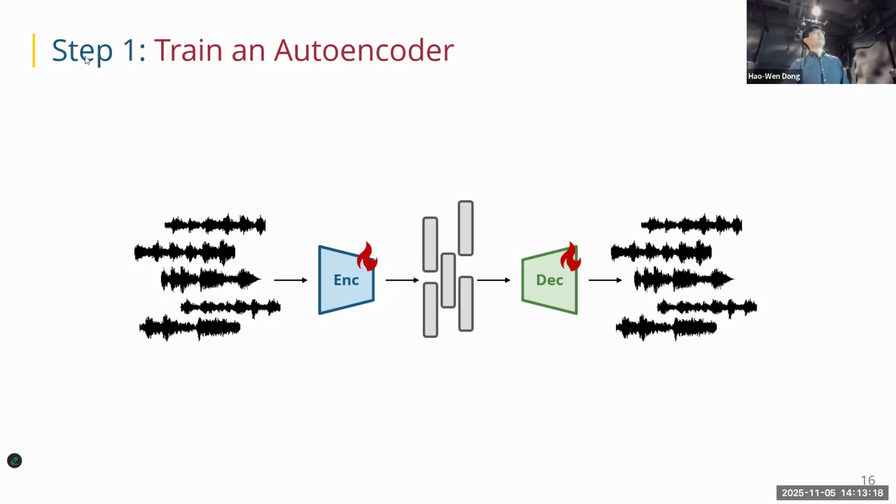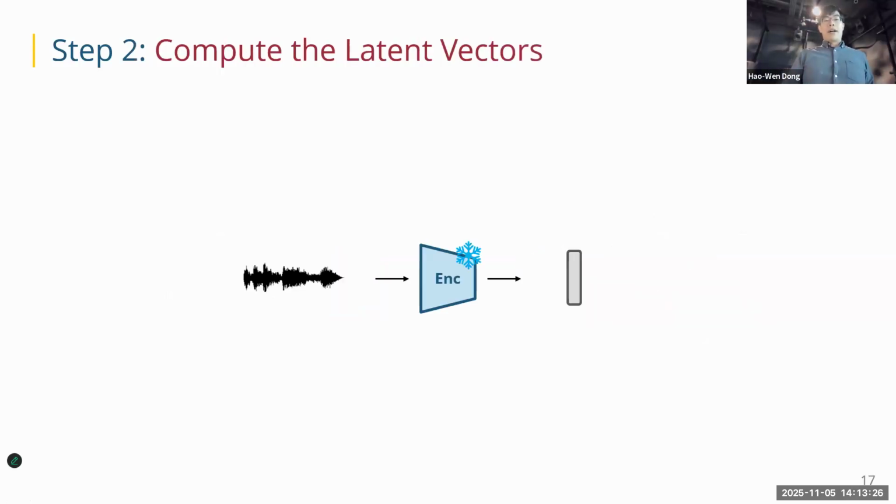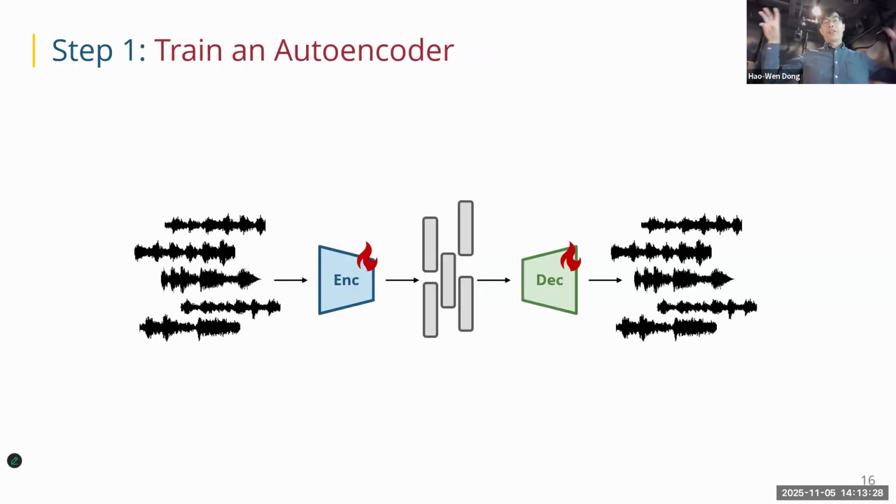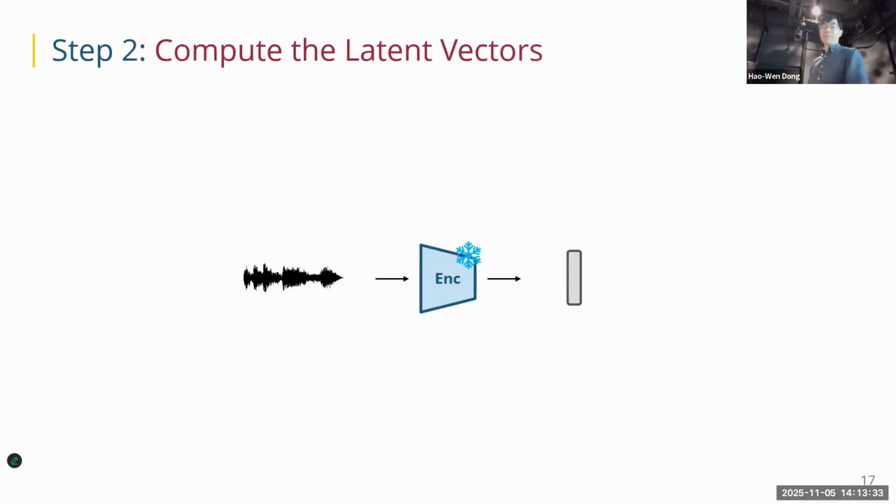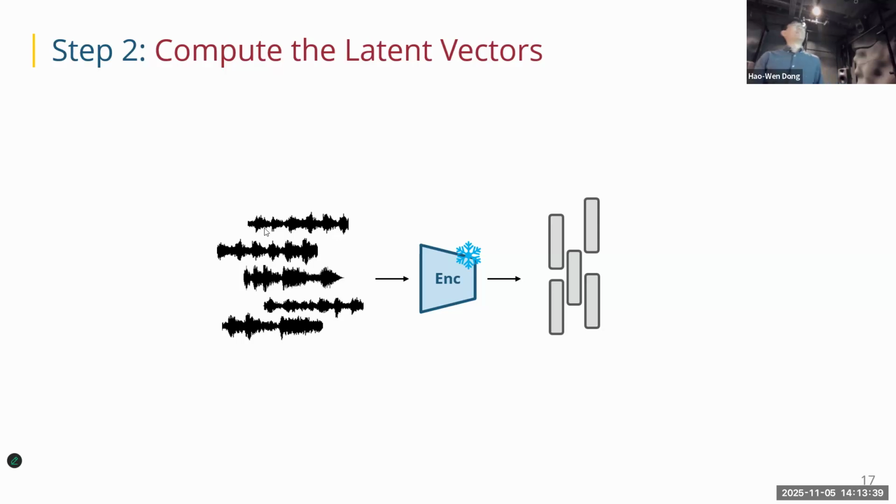The idea is you will train these two things so that it reconstructs as faithfully as possible. Now once you have this pair of encoder and decoder, you will grab your whole dataset and turn all your files into that latent representation.